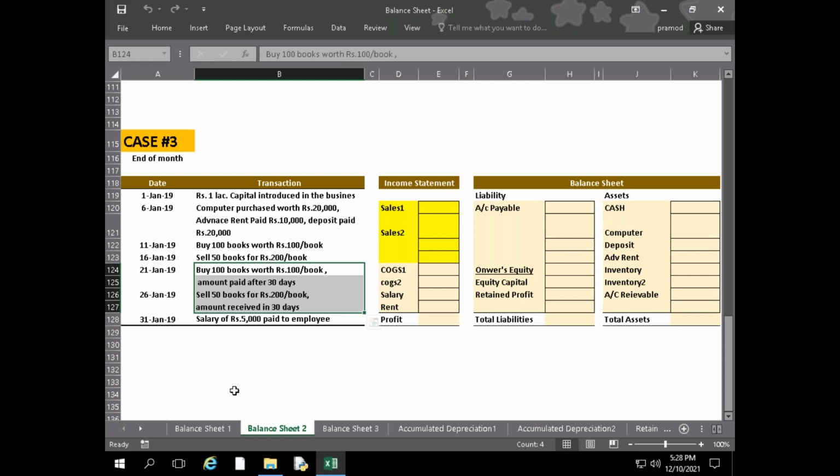Sir, my doubt is, in the income statement the last item is rent, that is 10,000. Correct. But here in the balance sheet, under assets, we have taken advance rent, no, sir. We have not taken that.